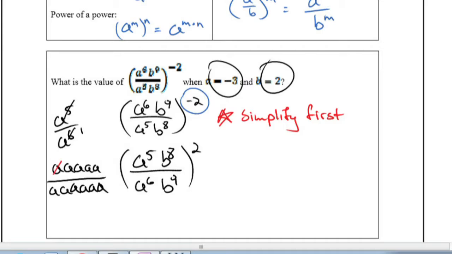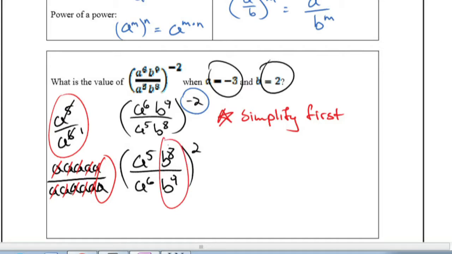So if I start canceling these, a divided by a is 1, a divided by a is 1, a divided by a is 1, a divided by a is 1, a divided by a is 1, and I'm left with 1a on the bottom. So when I have something like a to the 5 over a to the 6, it just leaves 1a on the bottom.